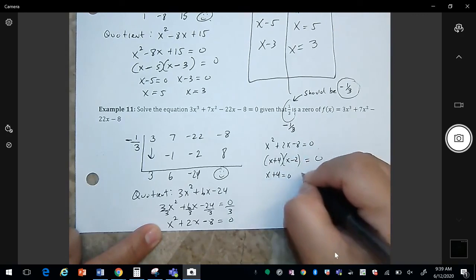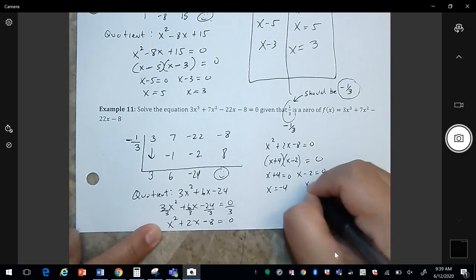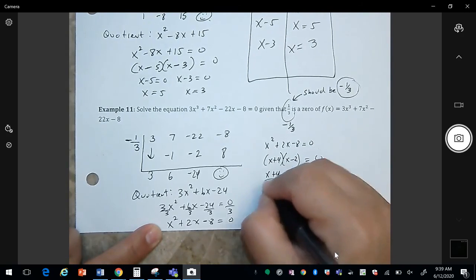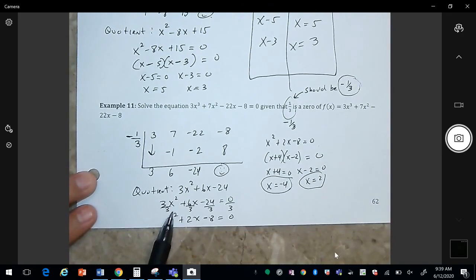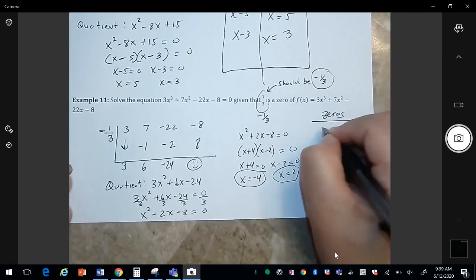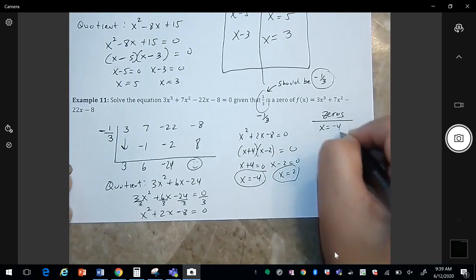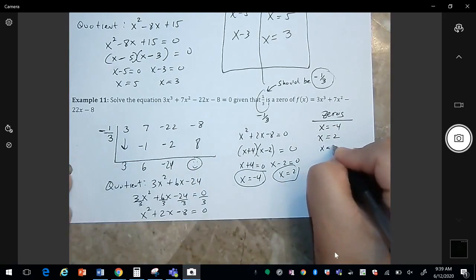So x plus 4 equals 0, x minus 2 is equal to 0. Okay. So what I did here to make it easier is divide by 3, since it's a factor of everything. And then it's easier to factor. Or you can use the quadratic formula. So my zeros were x equals negative 4, x equals 2, and x equals negative 1/3.